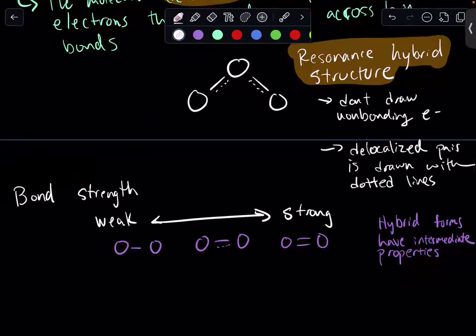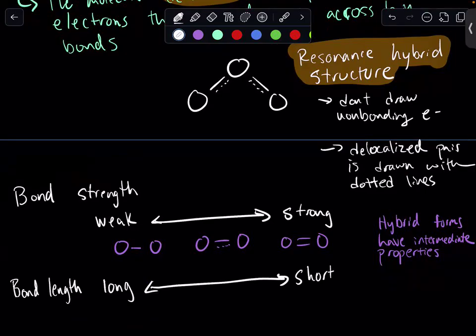Another example of this is if we look at bond length, and we go from long to short, we still have the exact same flow chart. The single bond is very long, the hybrid bond is medium long, and the double bond is short.